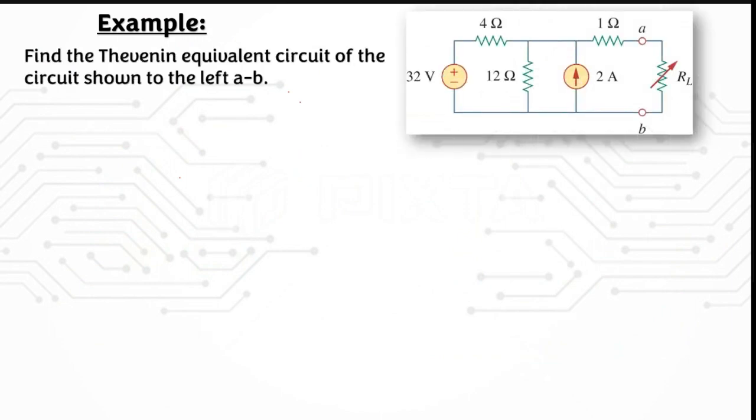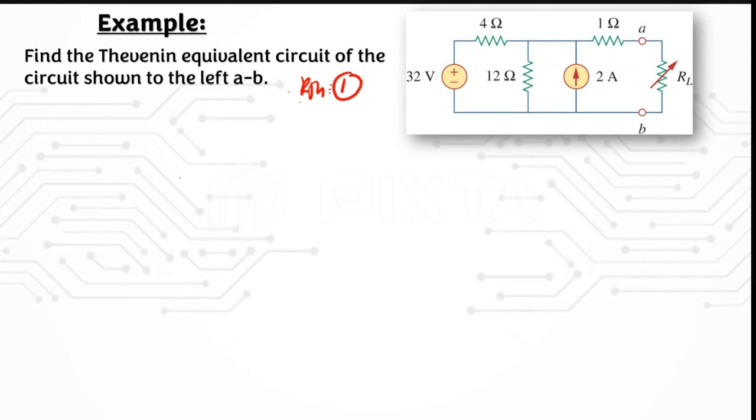Alright, so we can have this first example. From this example, you notice that you only have independent sources in this circuit. So what method can you use to calculate RTH? You can use method 1.